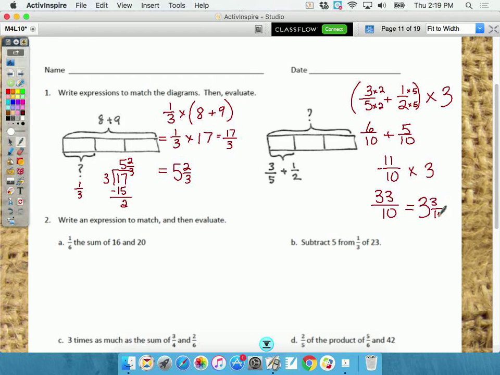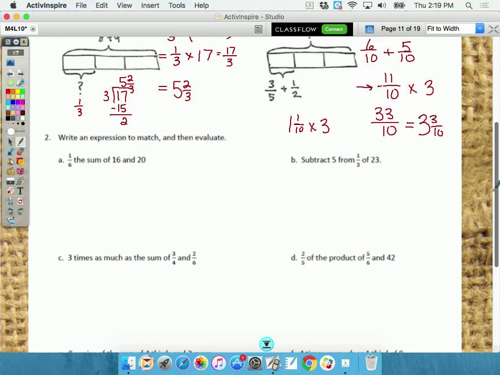Very good. Now imagine if I would have made this 1 1/10 times 3. I would have to do 2 separate problems. I would have to do 1 times 3 and then 3 times 1/10. So it's easier, boys and girls, to save the mixed number till the end when you're multiplying. And you could probably mess up and do it to the denominator too.